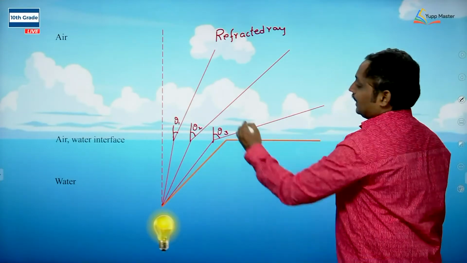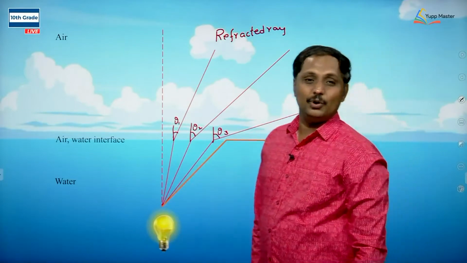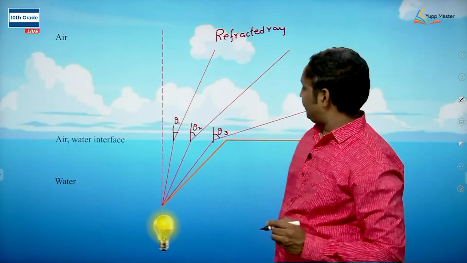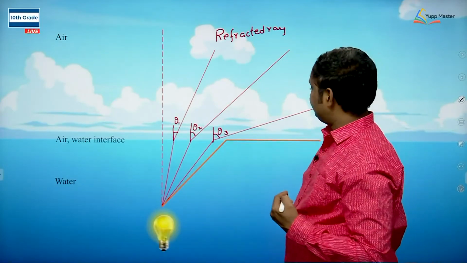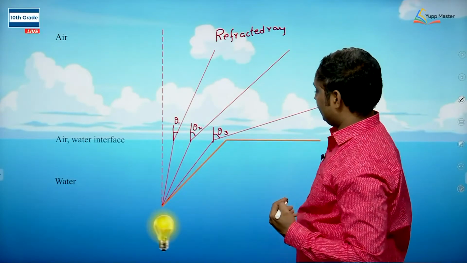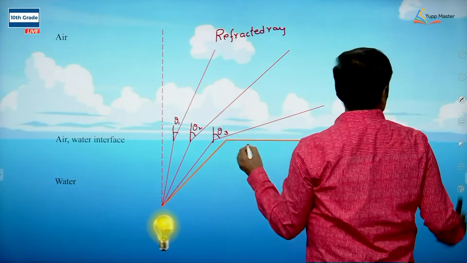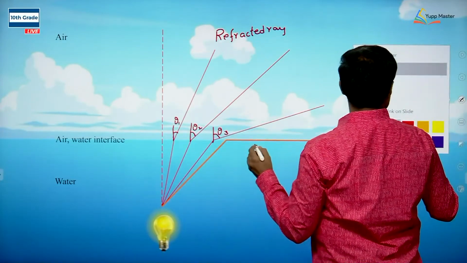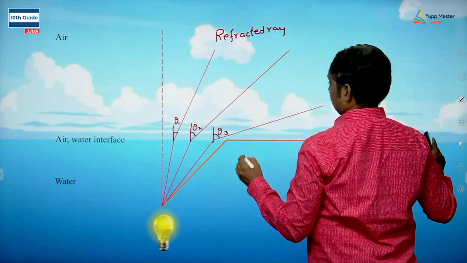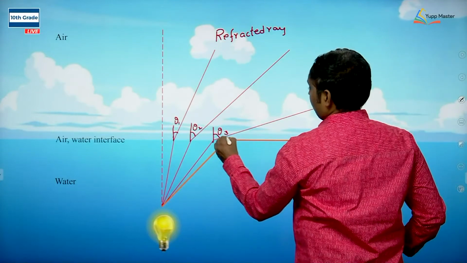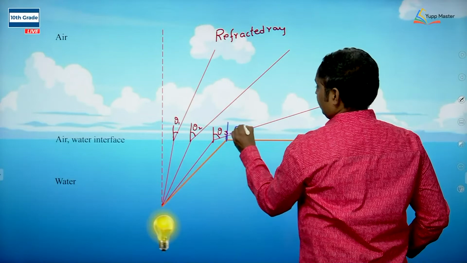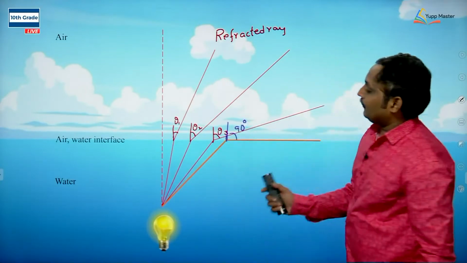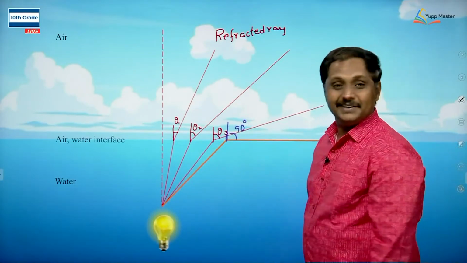Nothing but the refraction angle is going to be 90 degrees. It is very clear. Now you can easily identify that. So the angle of refraction is going to be 90 degrees.